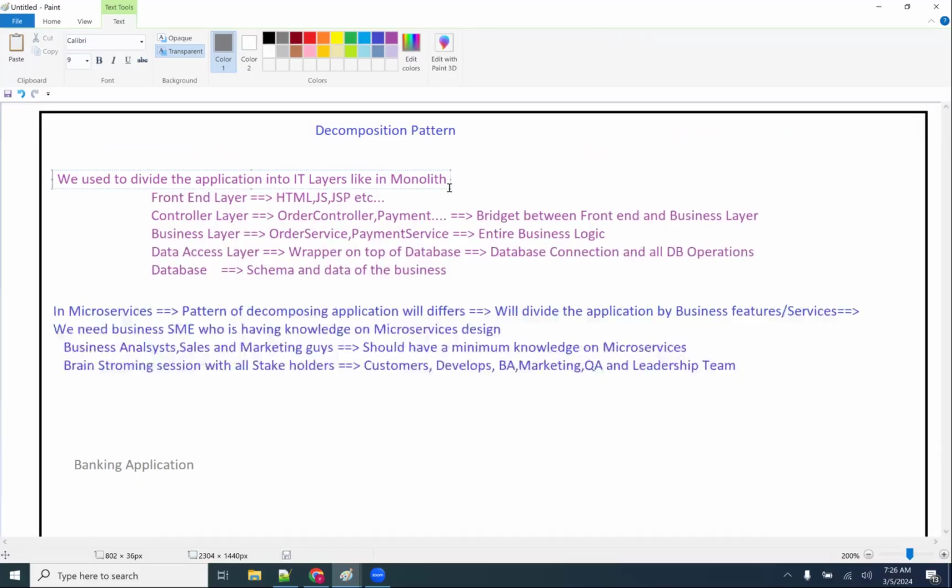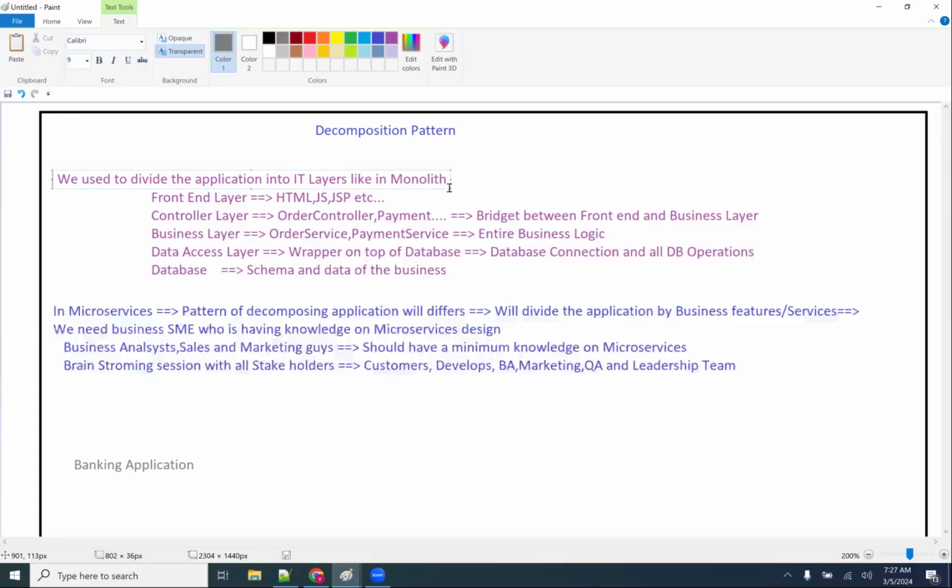But here we will not decide the technology, because microservices are technology independent, right? You can choose any technology for any microservice. So the initial work is how best we can divide our application into business services.